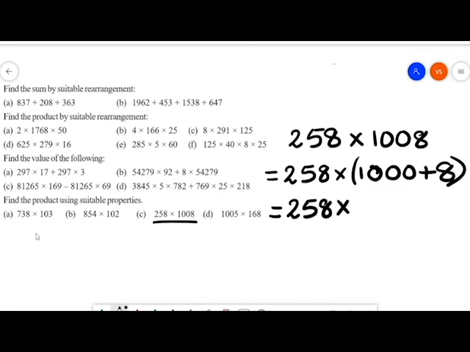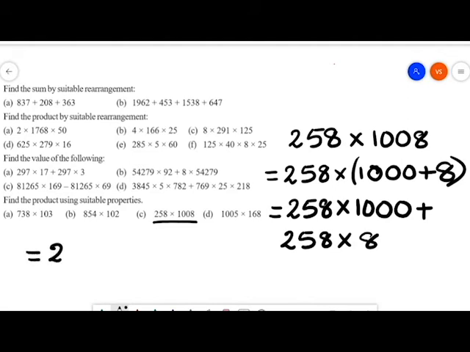When we apply the distributive property, then 258 into 1000 plus 258 into 8. The answer is 258 with 3 zeros when we multiply it with 1000, and this is 258 into 8.